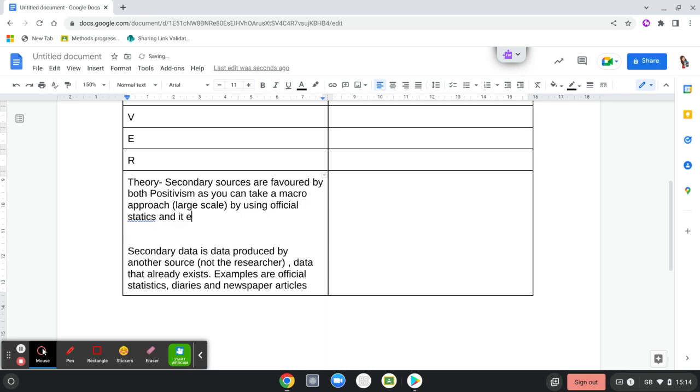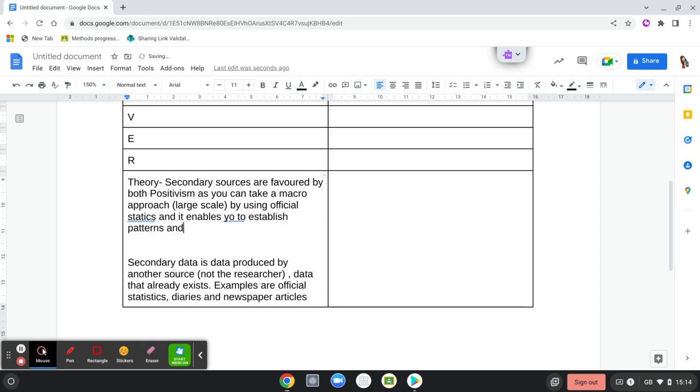It enables you to establish patterns and trends. You could also reference that over time if you wanted to, just because I run out of room.